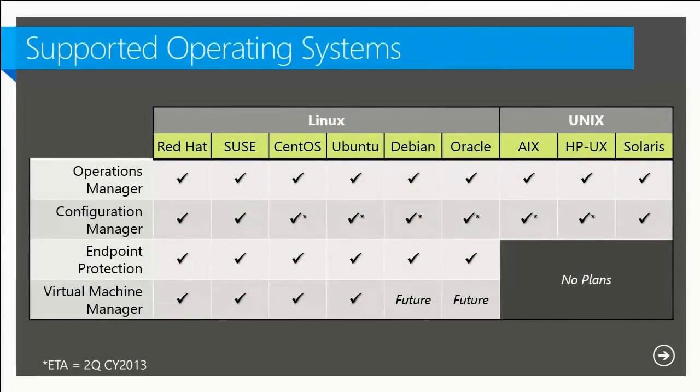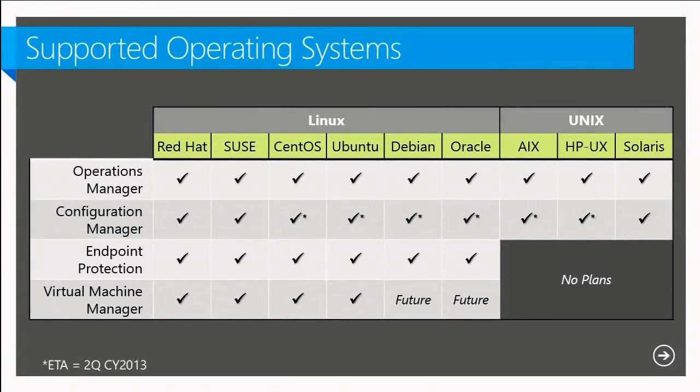Supported operating systems. If you've been in any of our sessions over the past few years, you'll notice this list is getting bigger, primarily through the addition of CentOS, Ubuntu, Debian, Oracle Linux. Those are all available for monitoring in Operations Manager as of SP1. They are coming in Configuration Manager soon.